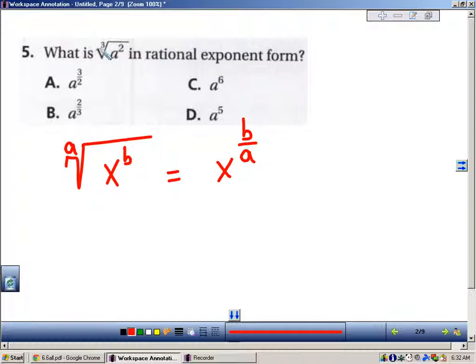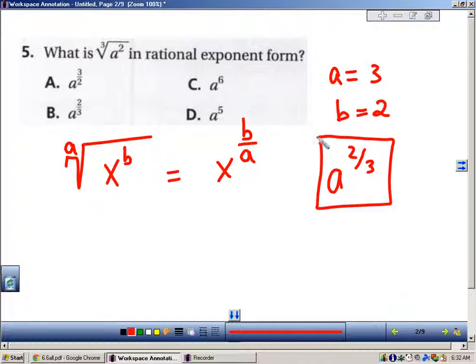So knowing that, I could see that our value for A here would be 3. Our value for B would be 2, right? See that? B, and A. And so rewriting this would give us this expression here equal to that.